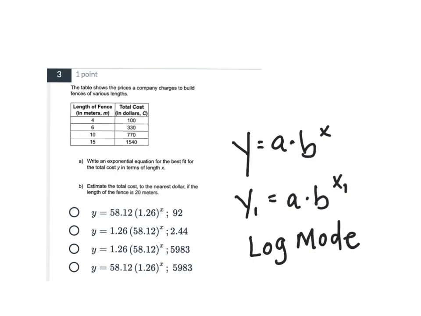Alright, so in Desmos, I'm going to add the table, and I'm going to put that information in. Remember there's that little zoom fit button down on the side.